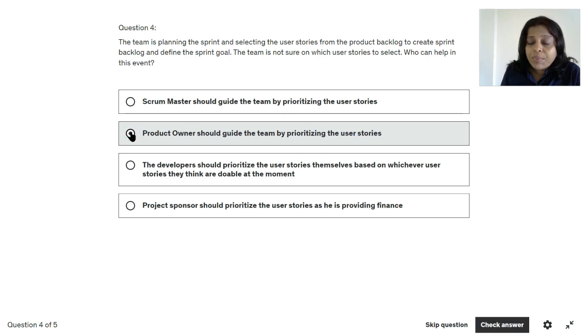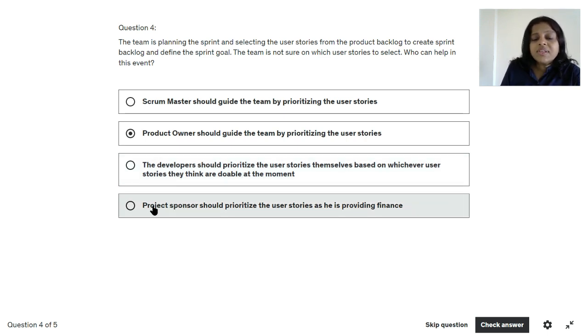But as a best practice, also read option C and option D. So let us read option C. The developers should prioritize the user stories themselves based on whichever user stories they think are doable at the moment. So this is not the deciding factor to prioritize the user stories, and developers are not the right role to prioritize the user stories. So this is not correct from process perspective.